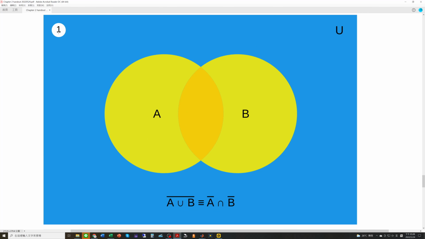In this figure, we can see that this blue rectangle, we call it U, which is the universal set. And this yellow disk we call set A, and this yellow disk we call set B. First, A union B is this set.